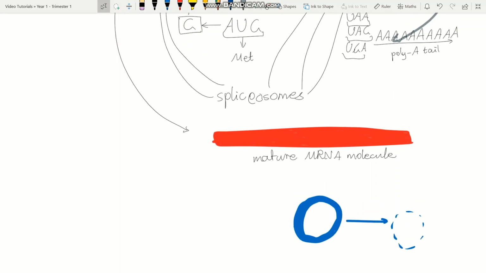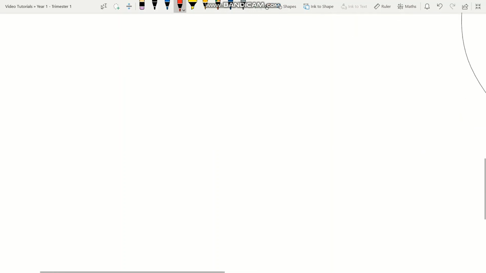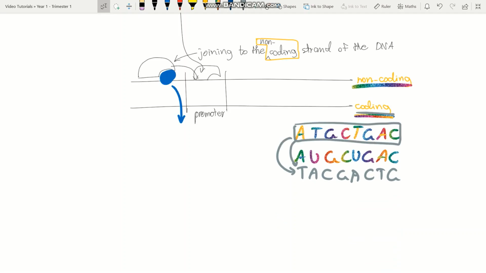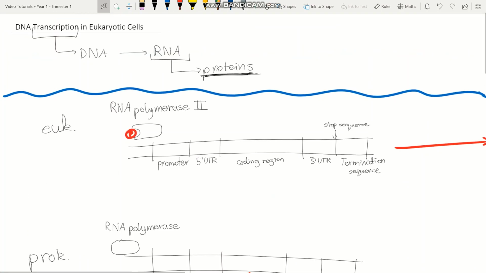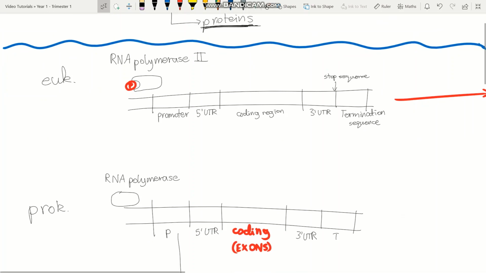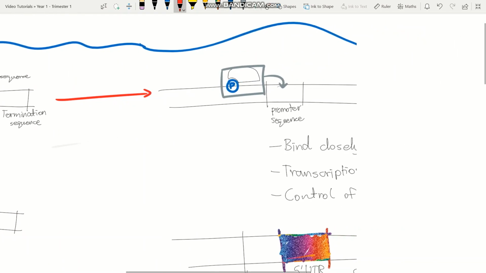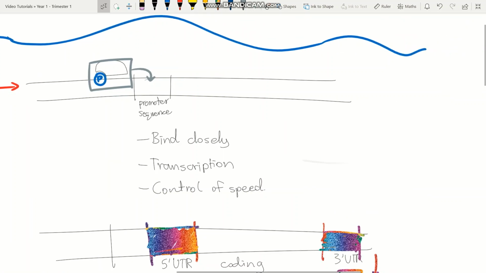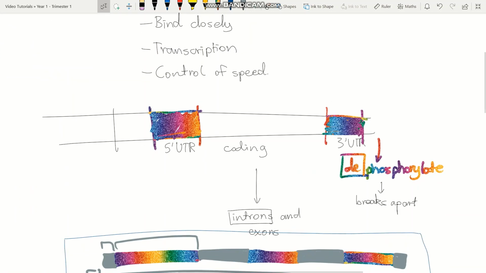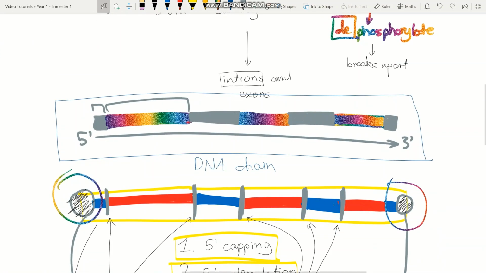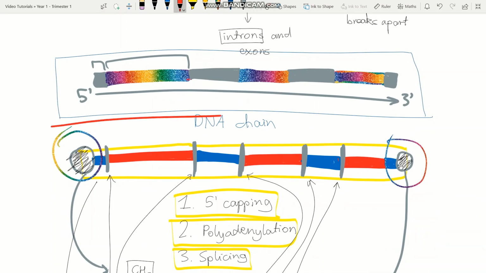So that's the process of transcription in a nutshell. We first start off with the appropriate DNA strand. Then we have an RNA polymerase molecule that runs across the DNA from the promoter sequence to the termination sequence, and that allows for the RNA molecule to be formed.